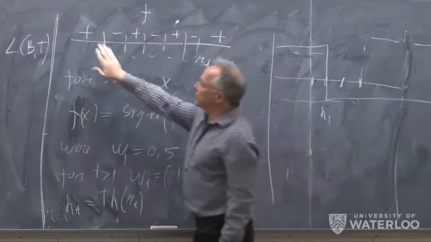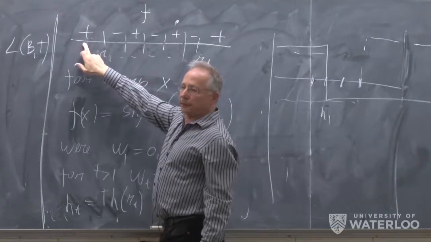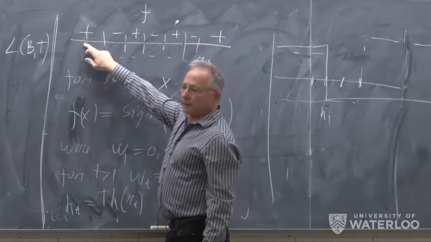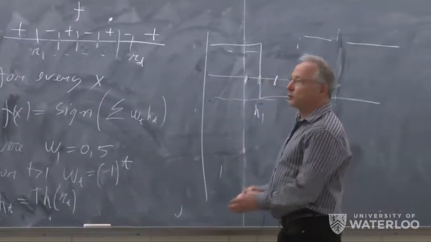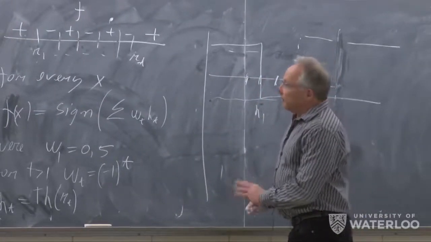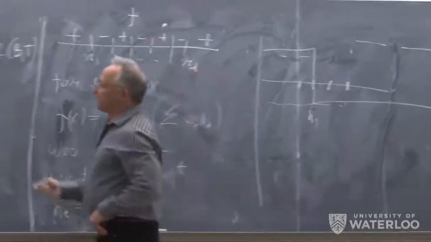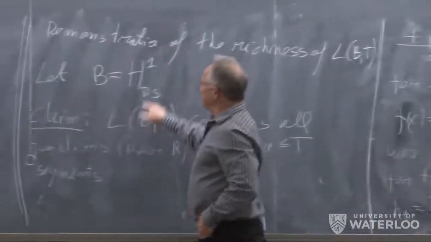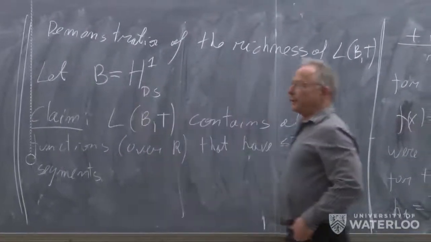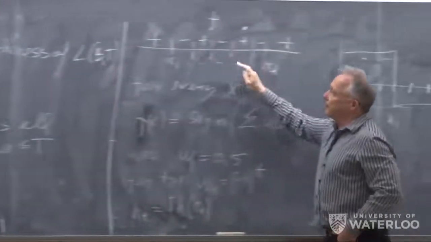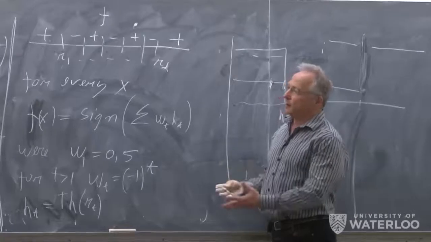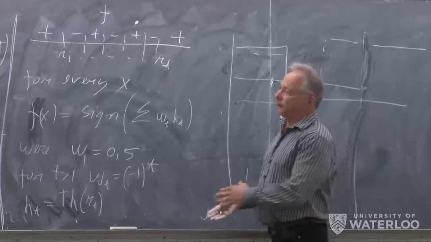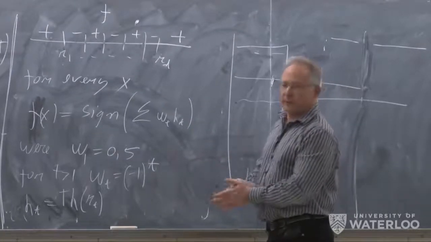So all I have to make sure is that I have the first label correct. I'll just leave it to you to check. So the class of T combinations of thresholds gives me all possible partitions of the line into T segments. So this combination is a rich class.